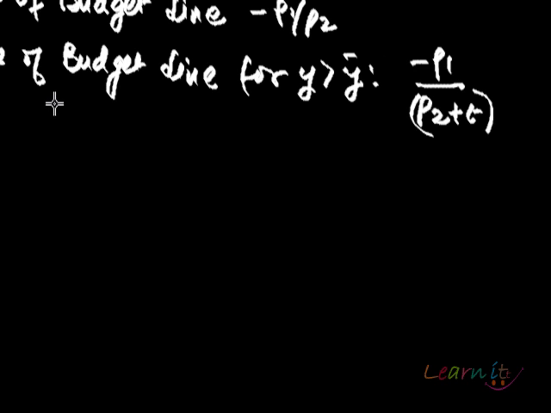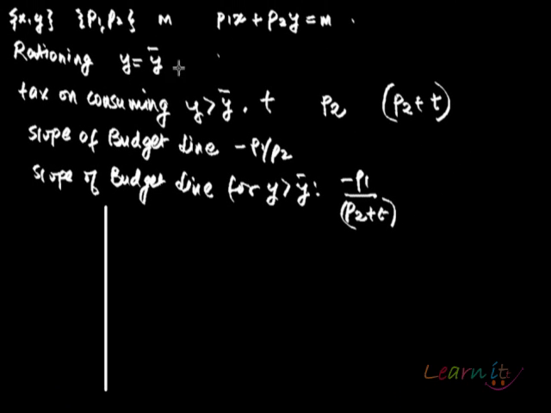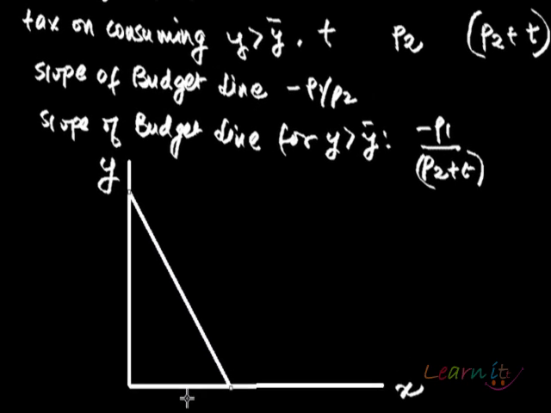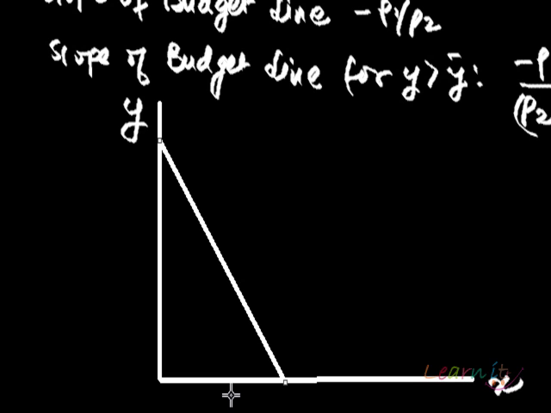Now let's try to look at how things will move. If things were going fine, this was, say, the budget line which you had. But things are not as fine because there is a rationed product Y bar.